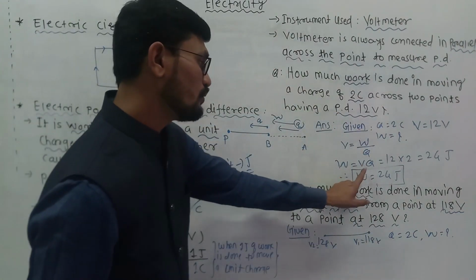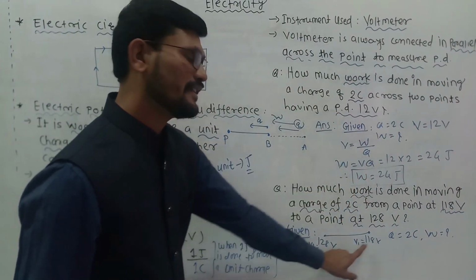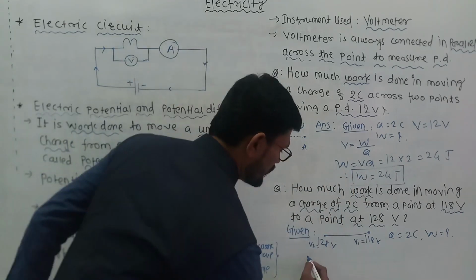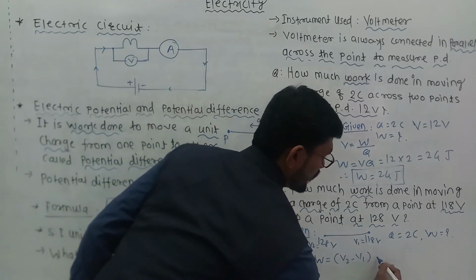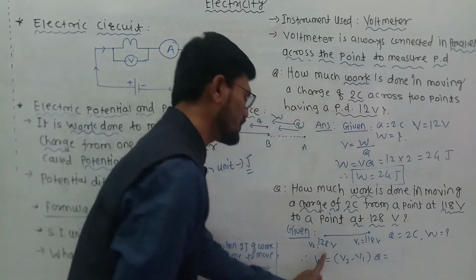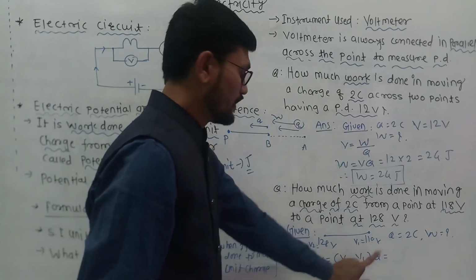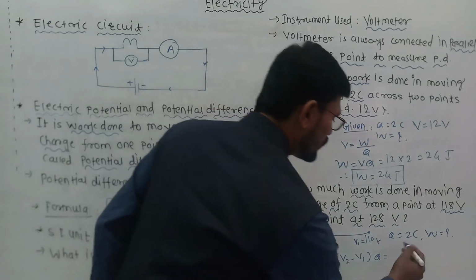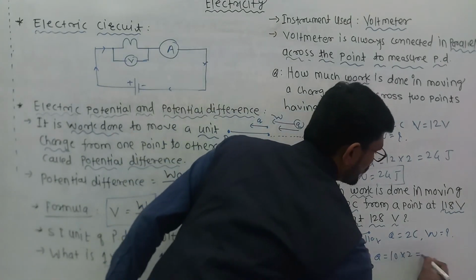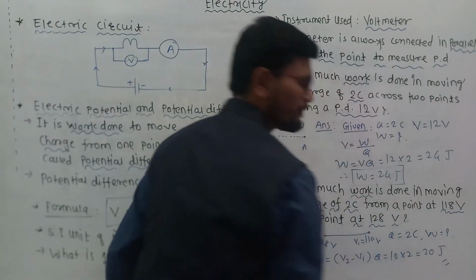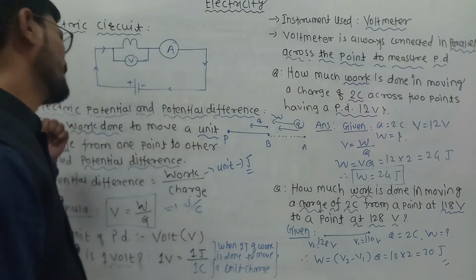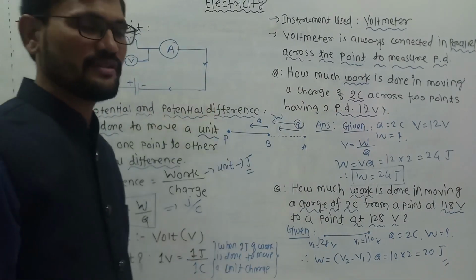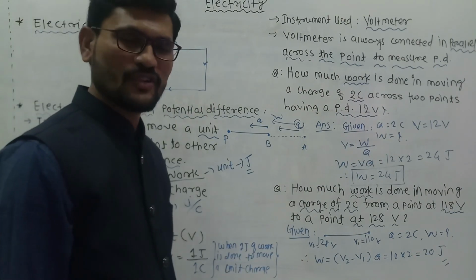W is equal to VQ. But V is what now? V2 minus V1. So W is equal to V2 minus V1 into Q. V2 minus V1 is 128 minus 118, how much will it come? 10. 10 into 2 is 20 joule. Is it clear? This is very important, and that is the reason I am telling you that electric potential and potential difference is very simple. Okay?